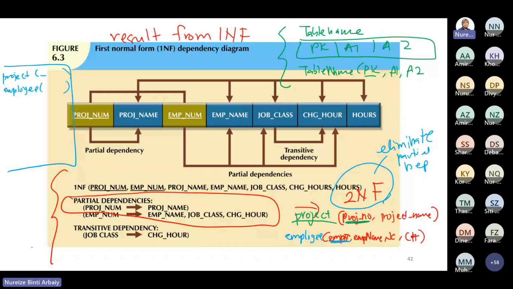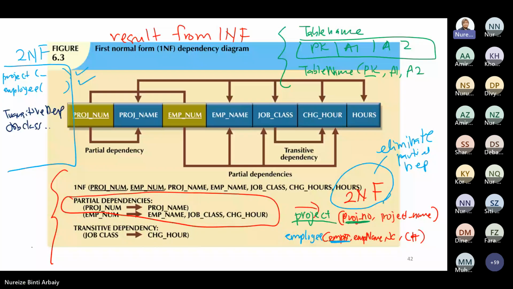So from 2NF, you have project here. This is a new table, a new declaration of a table based on the partial dependency. But what is left is the transitive dependency. Transitive dependency is still there. That is job class with the charge hour.